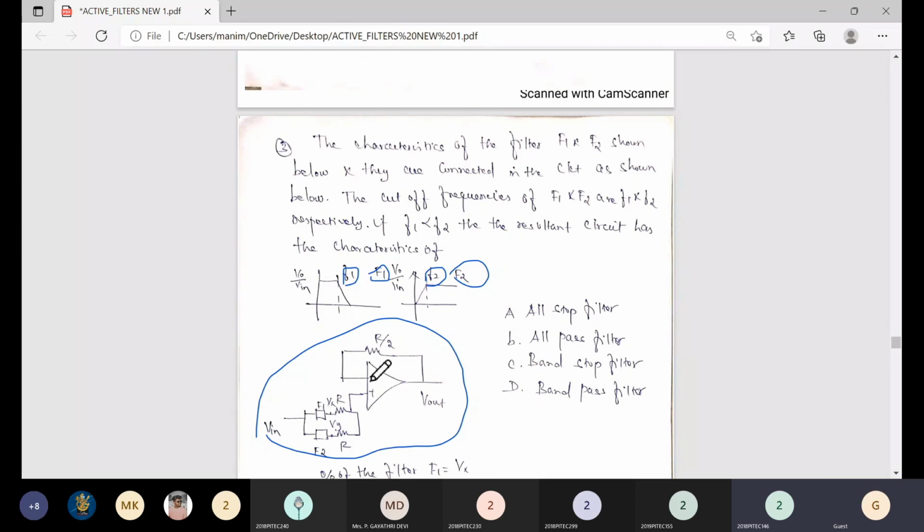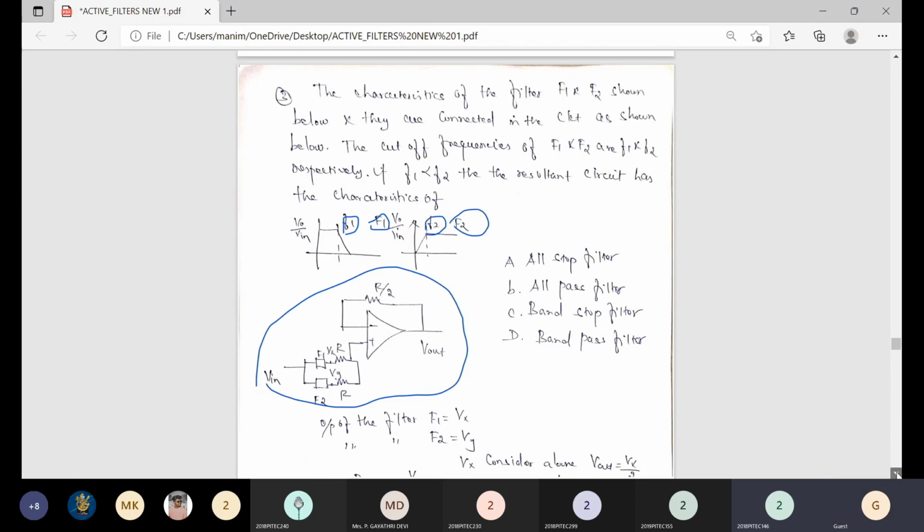For this frequency response, the question is which filter the circuit acts as. The options are all stop filter, all pass filter, band stop filter, and band pass filter. So we are going to identify the given circuit as which filter.